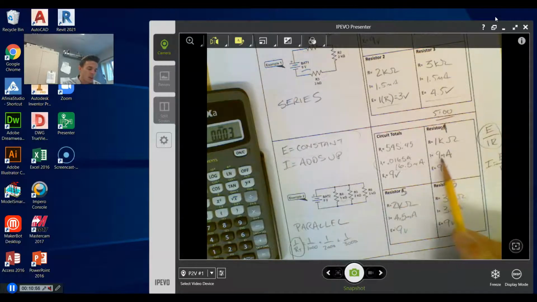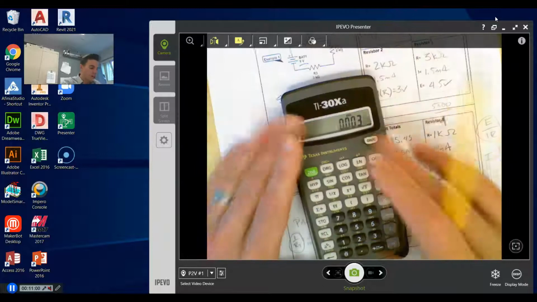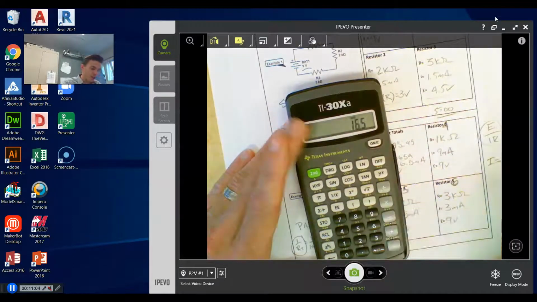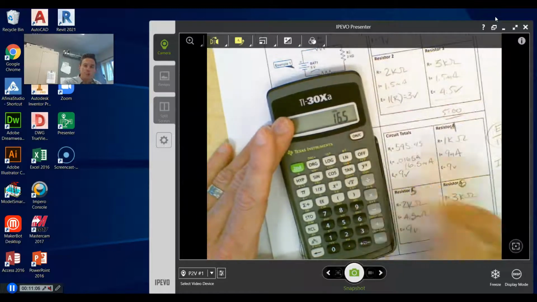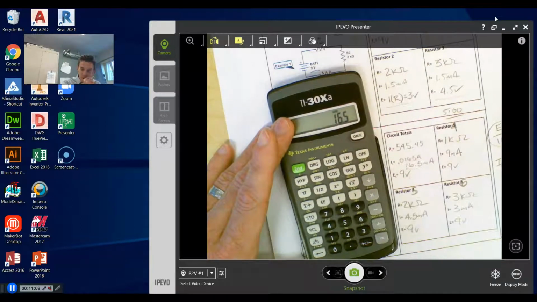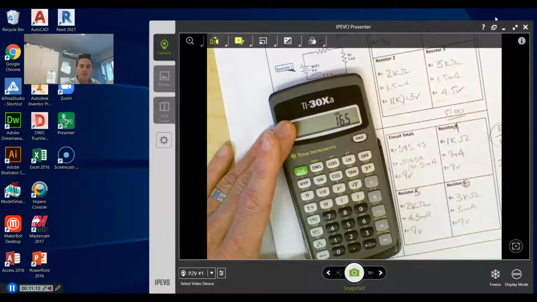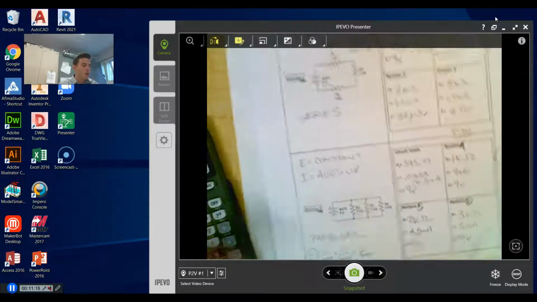Okay, so here we have 9, 4.5 plus 3, right? So 9 plus 4.5 plus 3 is equal to 16.5, and in this case, milliamps is my unit. 16.5 milliamps. They add up there. Okay?